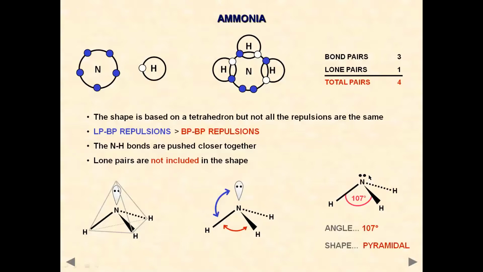And we don't normally represent the top bit here, so that's simply going to be pyramidal because the top part is gone, because there's no bond there. So the new shape is still based upon the tetrahedral shape, but 2 things have changed. One, the bond angle has gone from 109.5 to 107, and the top bit is gone from the tetrahedron, and all we're left with here is a pyramid. So that's going to be a pyramidal shape.